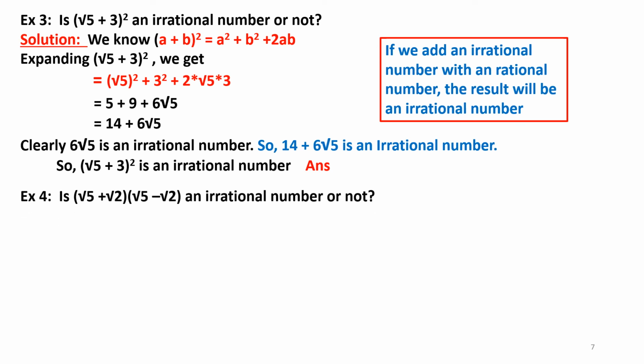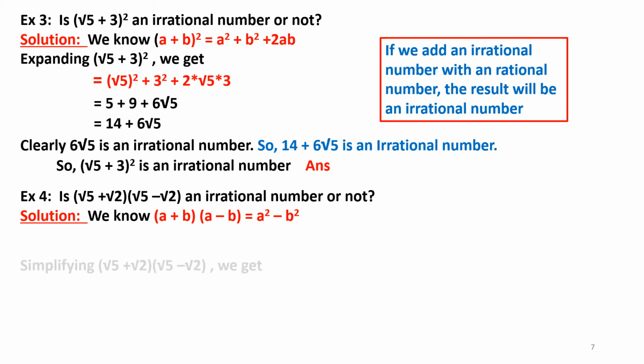One more: is (root 5 plus root 2) into (root 5 minus root 2) an irrational number or not? See these numbers, they are in the form (a plus b) into (a minus b). What is (a plus b) into (a minus b)? A square minus b square. This is a small formula. We use this formula to simplify the question.